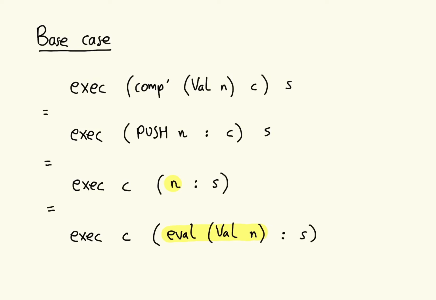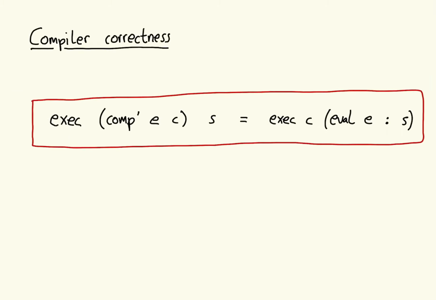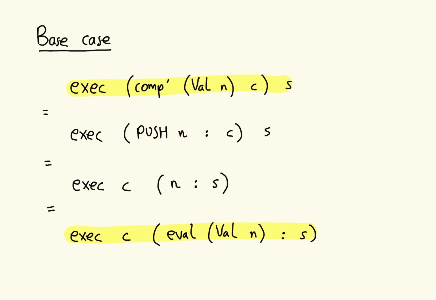What we have achieved in the base case is we've shown that this term is equal to this term, which is exactly the form of our compiler correctness equation when E is the value n. So we have now completed the proof of the base case.